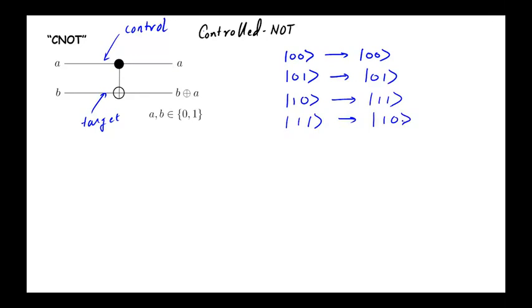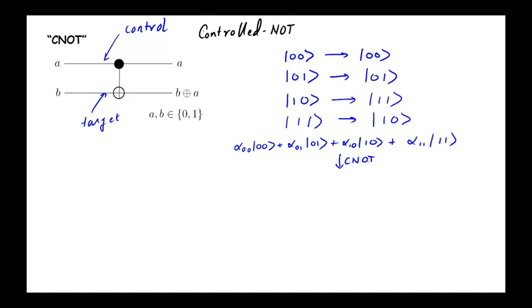So now you know exactly how CNOT works, because if you're given any superposition of these 4 states, say alpha 0,0 |00> plus alpha 0,1 |01> plus alpha 1,0 |10> plus alpha 1,1 |11>, what does it get mapped to under CNOT?